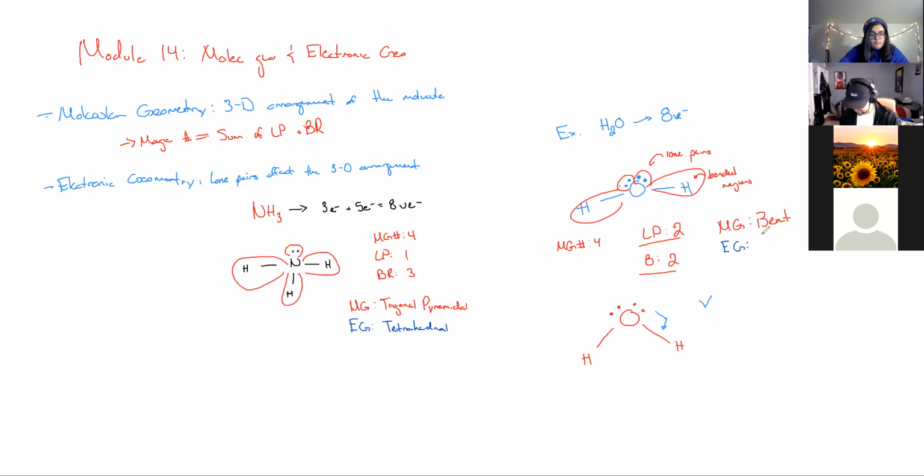Trigonal planar? Our magic number is 4. So it's the same thing? Yeah, the same. It's tetrahedral. Typically, whenever you see anything with 4 electron regions, you have tetrahedral.